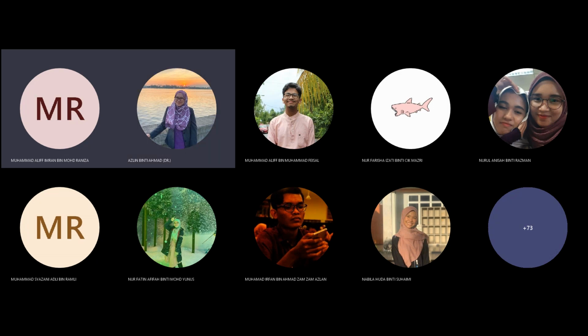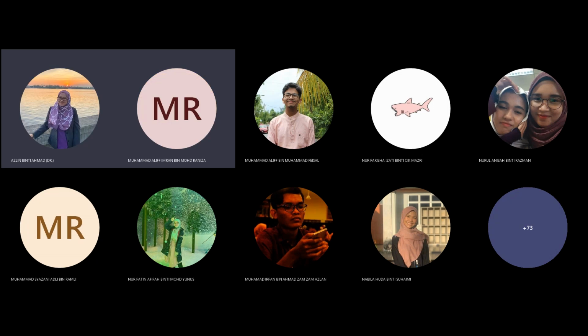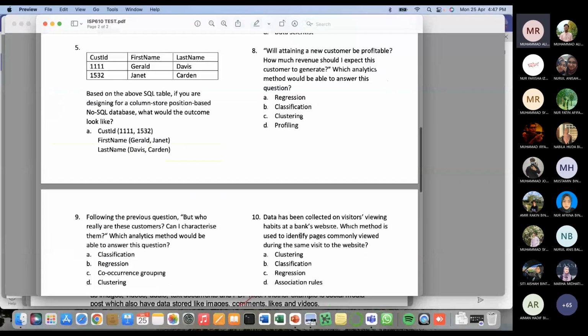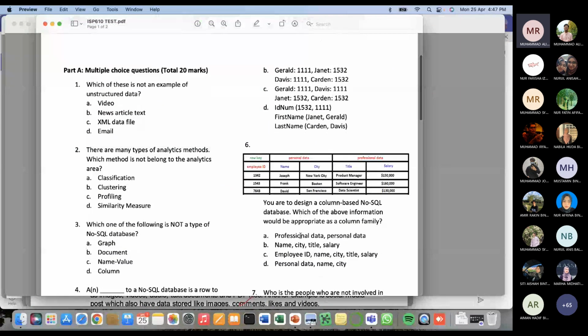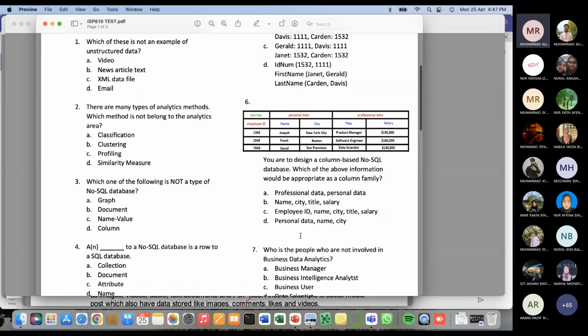Okay, saya dah jumpa sample of previous semesters punya question. So there are two parts. Okay, multiple choice, so based on your knowledge from chapter 1 until chapter 2, all three parts. Tapi saya rasa yang bahagian web scraping tak masuk.